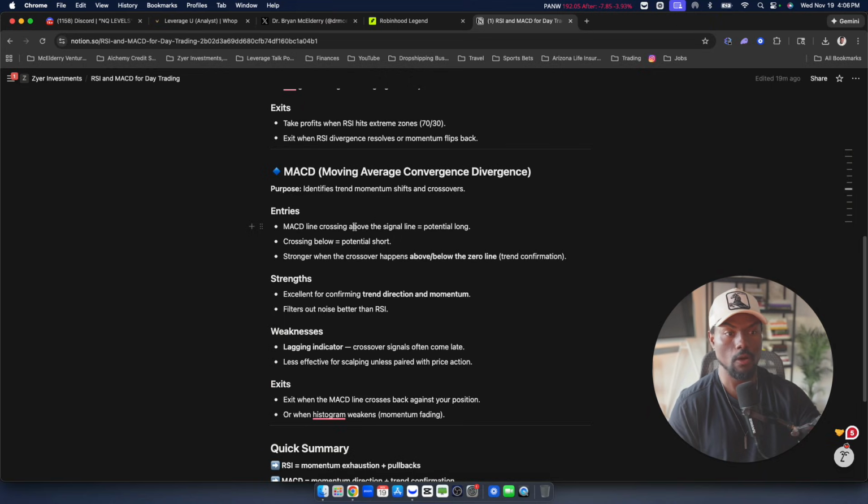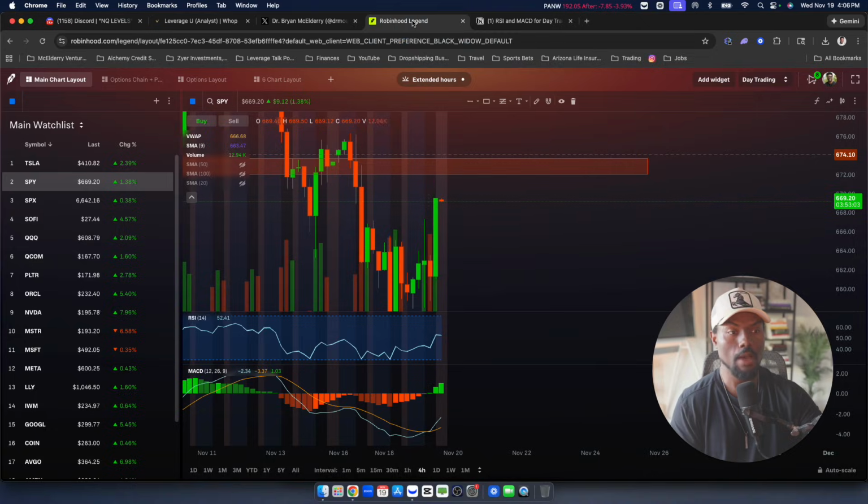MACD line crossing above or below the central line, okay? Read that again. MACD line crossing above or below signals which direction we have strength potentially, or a change in direction. All right. So let's go back here and I want you to look exactly when that crossed.